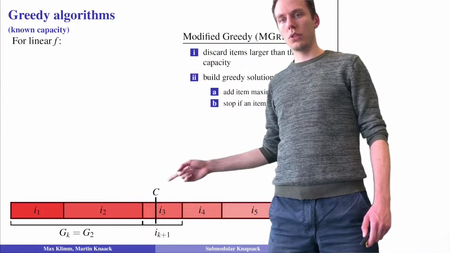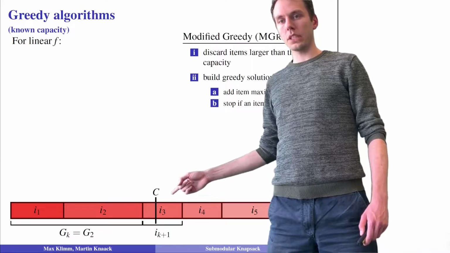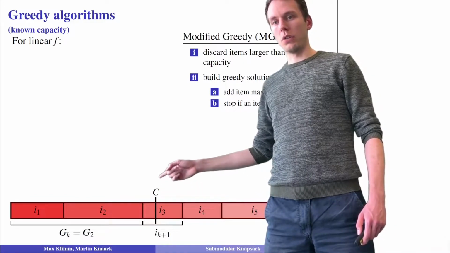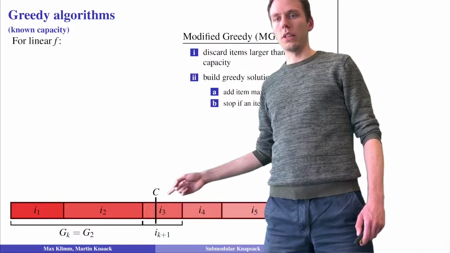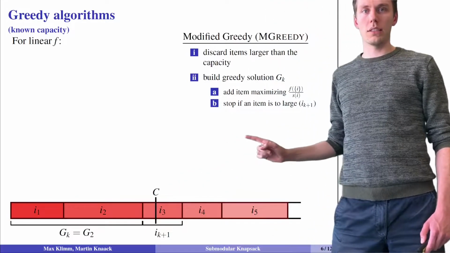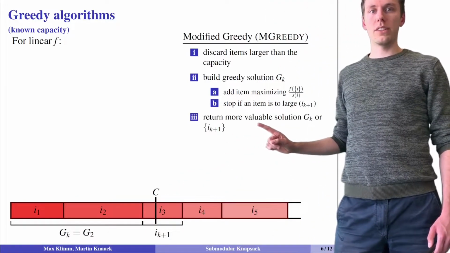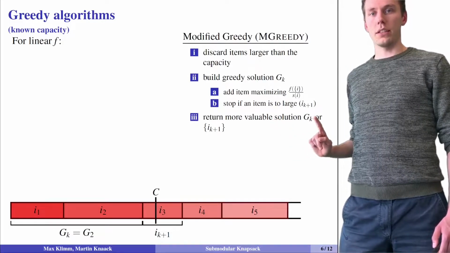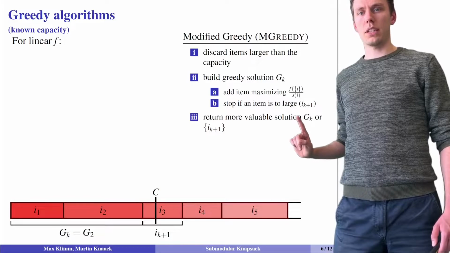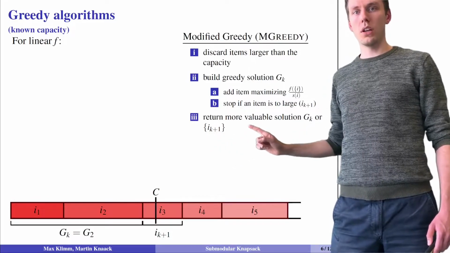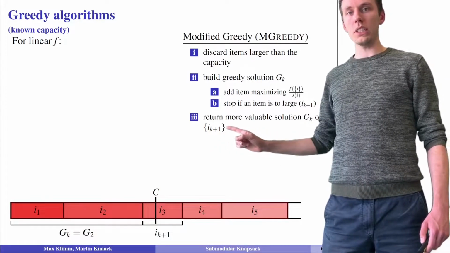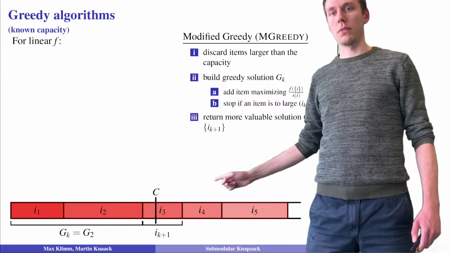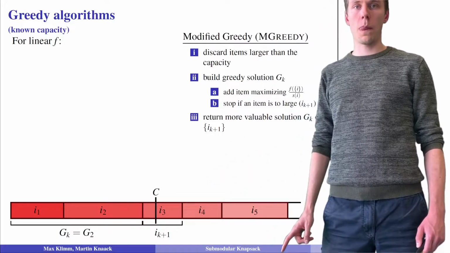The second solution is this item I3, where only a fractional part of the item would fit into the knapsack. What the algorithm does now is that it returns the one with more value of these two solutions, either Gk, where k is given by the number of items that fit into the knapsack, G2 in this example, or the fractional item ik plus 1, I3 in this example.